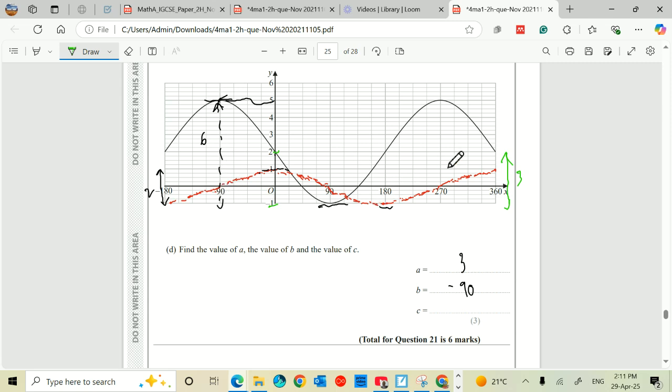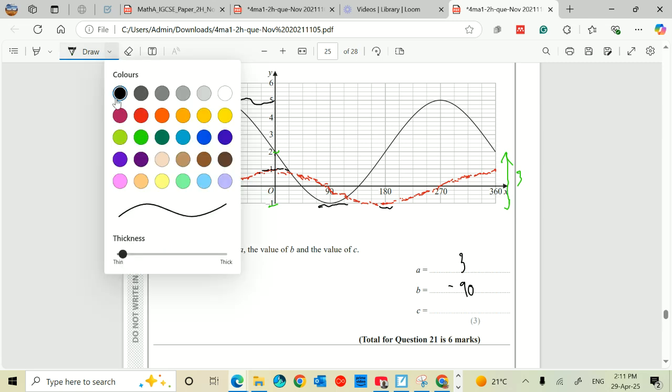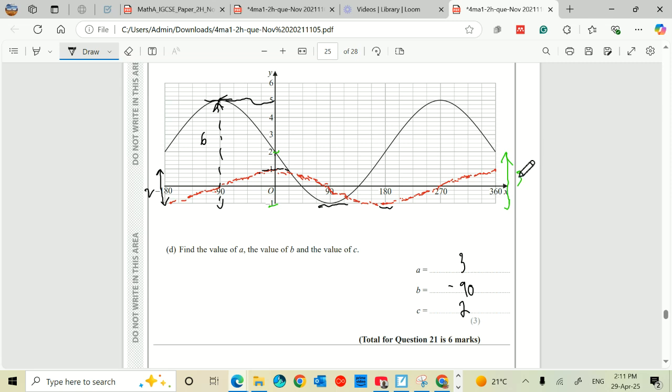And how do you get from 3 to 6? Well, you have to multiply that by 2. So the value of c must be 2. Because here's the intersection between minus 1 and 2, we have 3. And then, of course, between minus 1 and 5, we have 6.